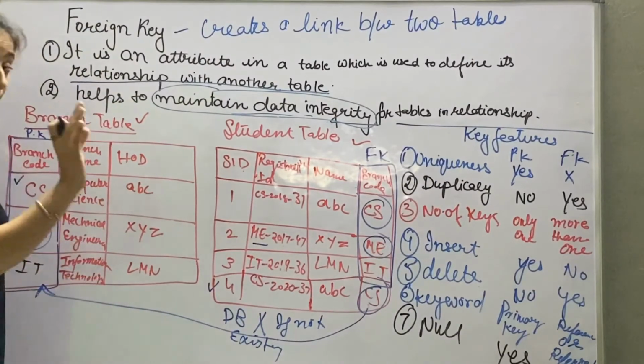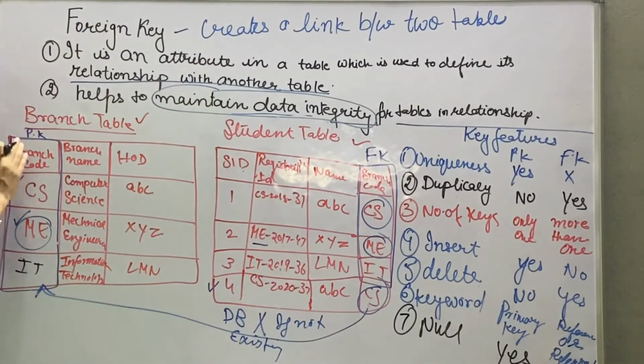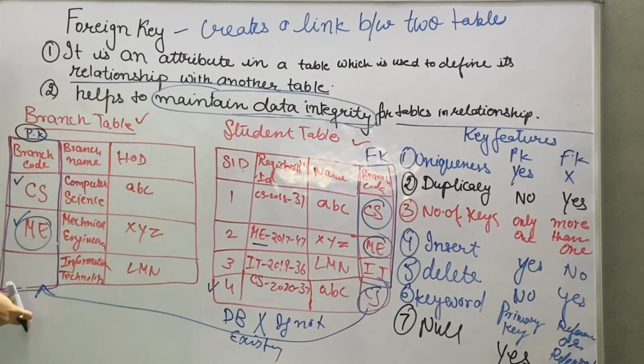What I am trying to say is, suppose in this table it has the primary key and I am leaving this record blank. The primary key will not allow me to leave this blank. Until I do the entry here, it will not let me move forward. So I have to enter the value over here.